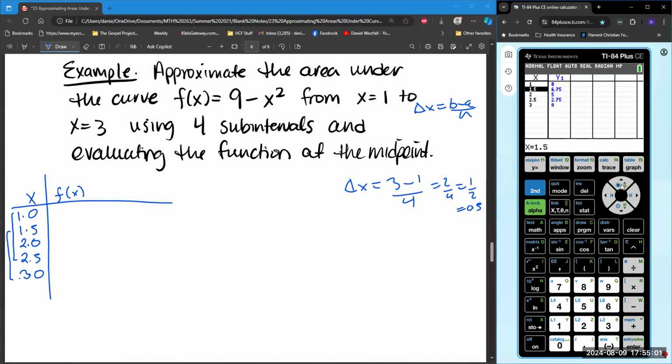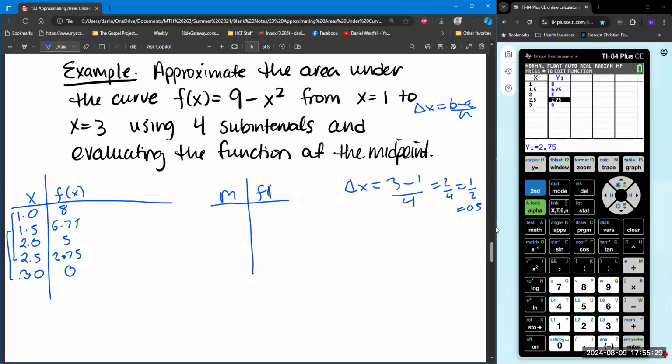So this is 8, and then 6.75, and then 5, then 2.75, and then 0. Now I also want to find the midpoints here, so I'm going to do m and f of m, where m is the midpoint.